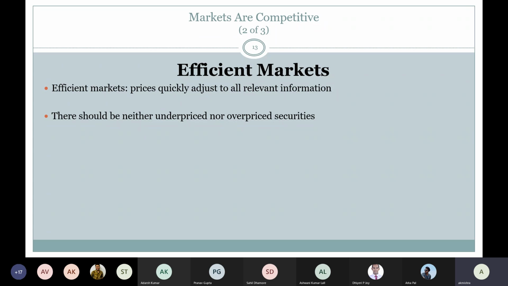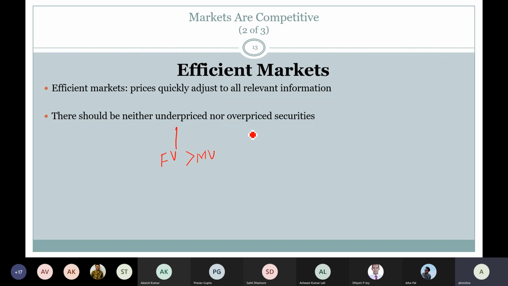So in the case of underpriced stock, the fair value or true value is higher than the market value. Market value means, let's say it is being traded at 100 in the market, but ideally, based on the firm's fundamental value, it should be 120 or so. It means underpriced by 20 rupees.